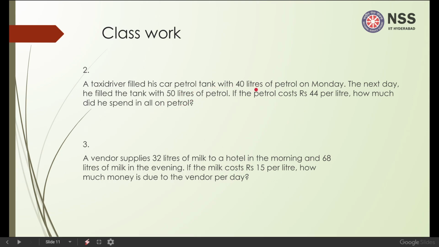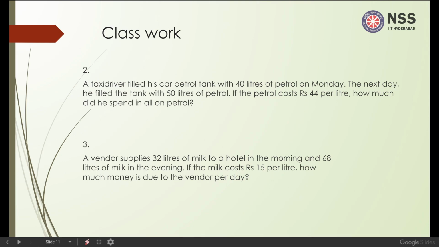Let us try to apply distributive property and solve it. On Monday, how much did the taxi driver spend on petrol? He bought 40 liters of petrol, so the cost is 40 multiplied by 44, which is 1760 rupees. On the next day, he bought 50 liters of petrol, so the cost is 50 multiplied by 44, which is 2200.